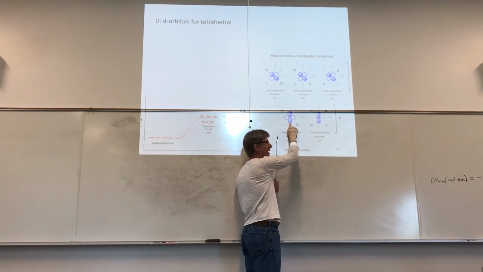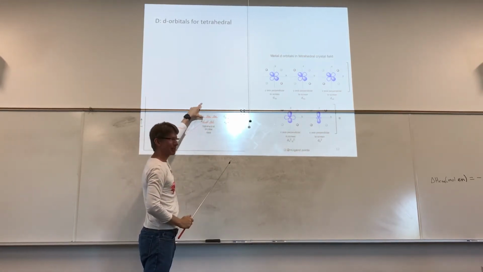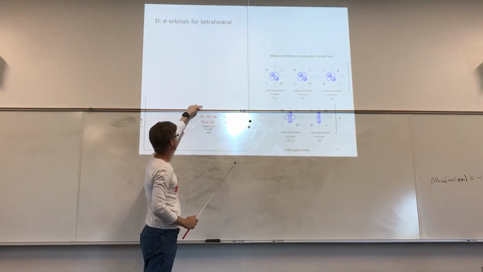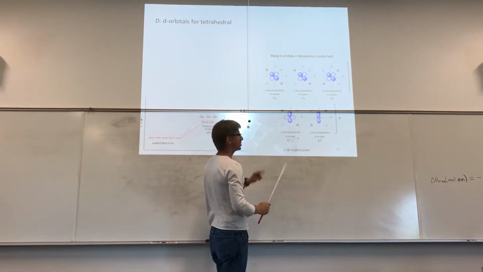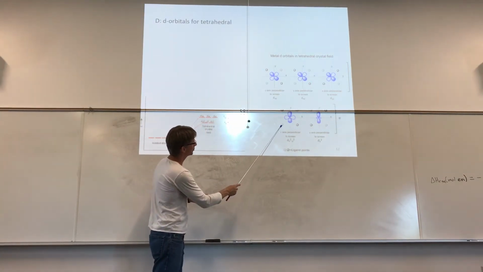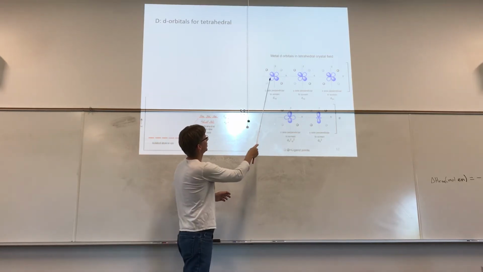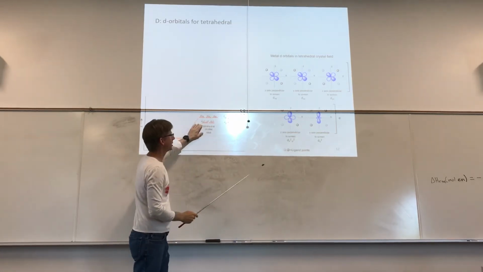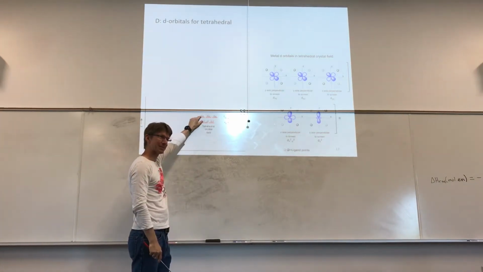That's why they were way up there, or there was a bigger splitting. In fact, I think my splitting took it off the page. So two things going on here: one is, same idea, these ones are farther away from these d orbitals than these are, which is why they're lower in energy. But in general, everything's a little farther away, so the splitting's less.